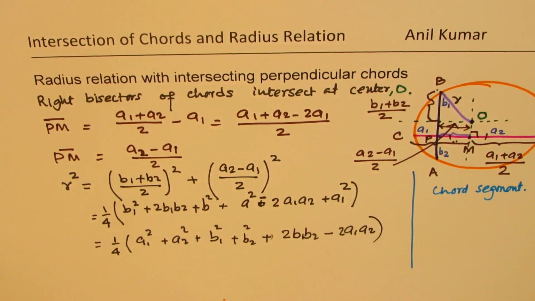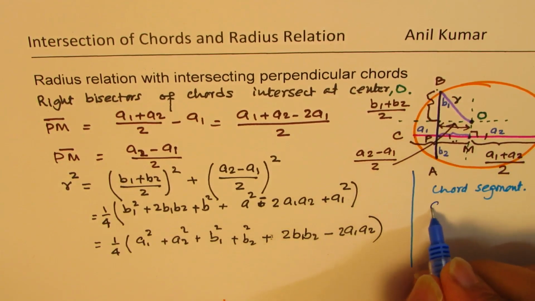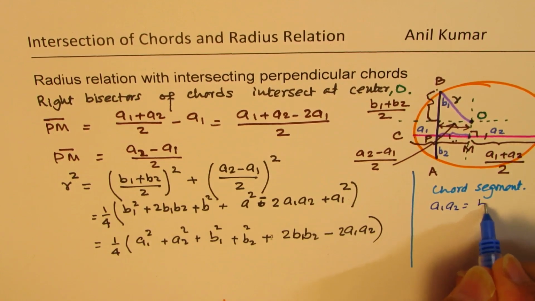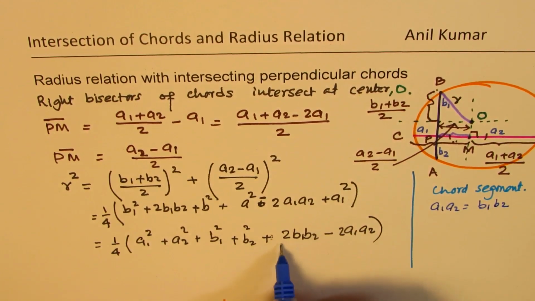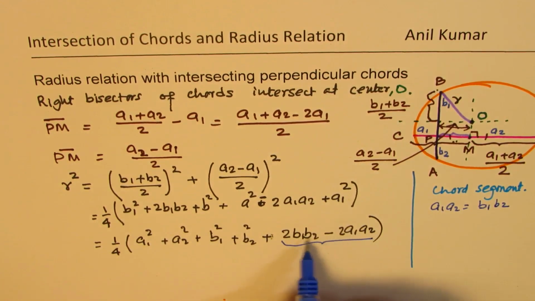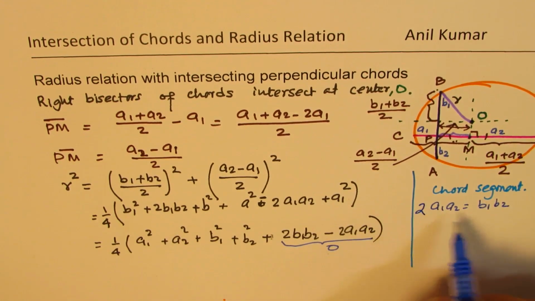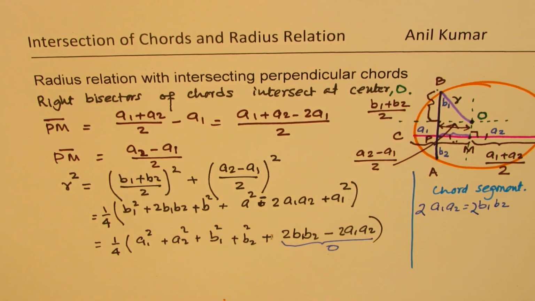From there we know the relation that a1 a2 equals b1 b2. Is it okay? So 2 times a1 a2, they are equal, so this is equal to 0, clearly. So if you multiply by 2, then also they are equal. So this part is 0.